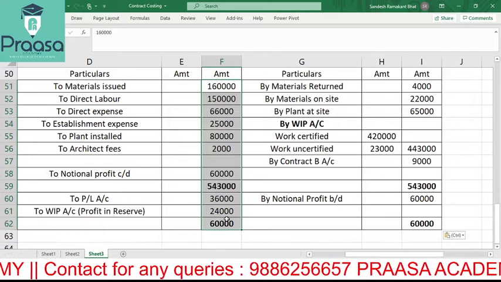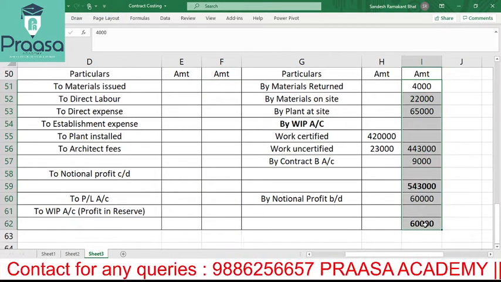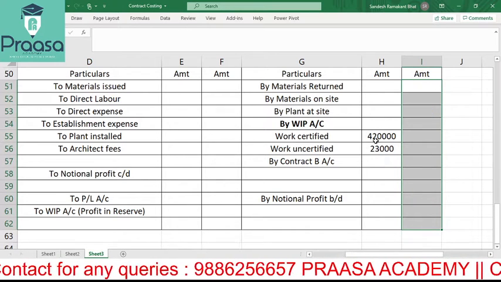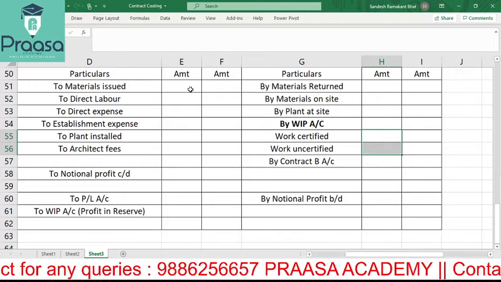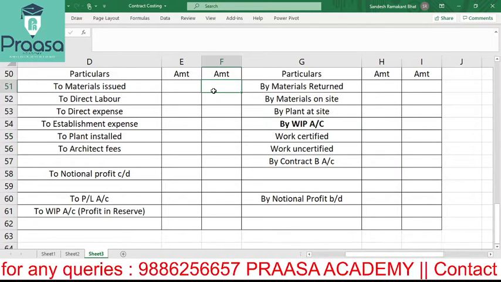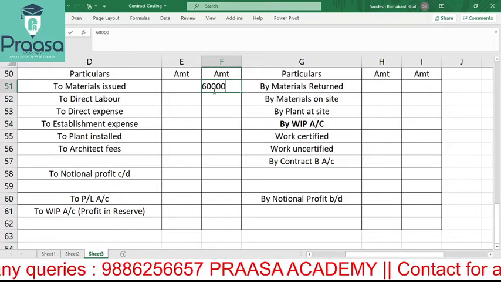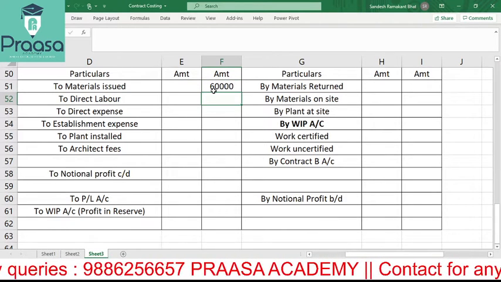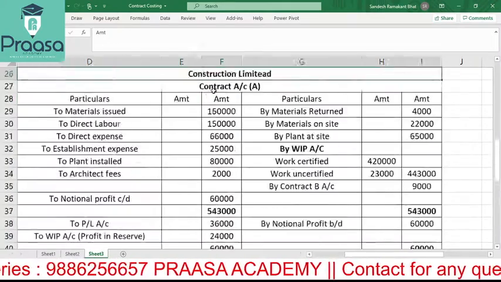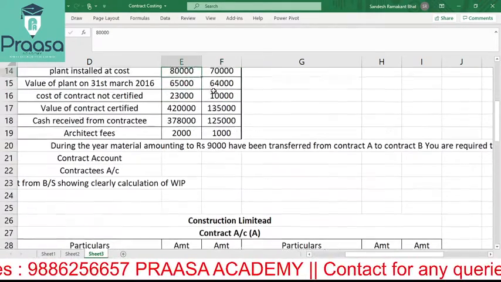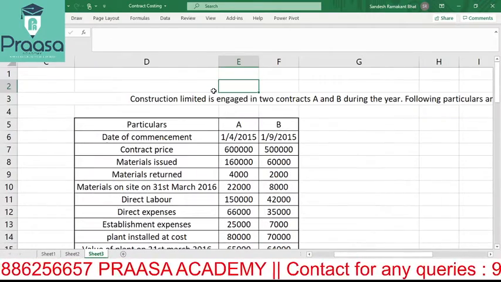These things become very easy in Excel, but while you are calculating manually, of course we need to be very careful whether we have considered all amounts or not. Material issued here will be 60,000, then labor will be 42,000. I'm just taking directly from the question, hoping that all of you have written the question already.